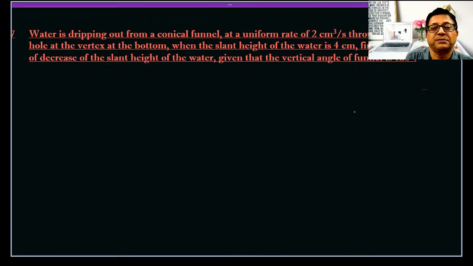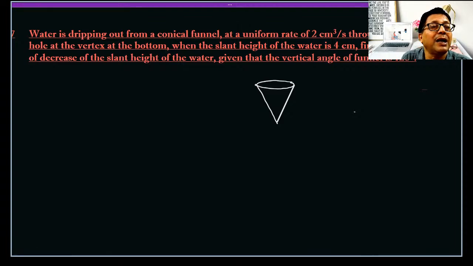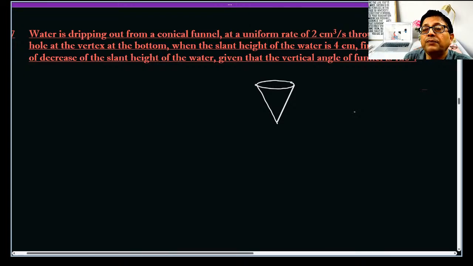Obviously the vessel is kept in this manner, isn't it? Because the hole is made at the vertex, as they said, through a tiny hole at the vertex at the bottom. Height of water is 4 cm, find the rate of decrease of slant height of the water, given the vertical angle.